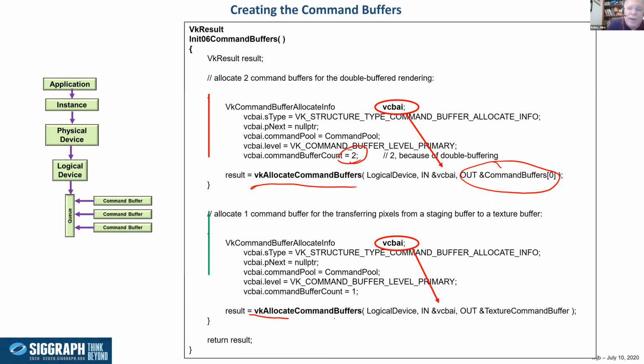And then here we're allocating another command buffer, and this is the one we used when we wanted to copy the texture. So we're using one command buffer just for that one instance when we needed to copy the texture, and we're using two other command buffers while we're doing live graphics. That is, we're filling one graphics command buffer and then telling it go ahead and render, and then we're filling the other graphics command buffer while the first one's being rendered. So that's what we're setting up.